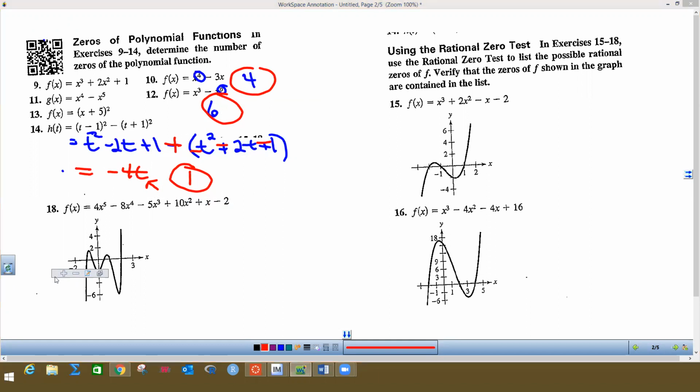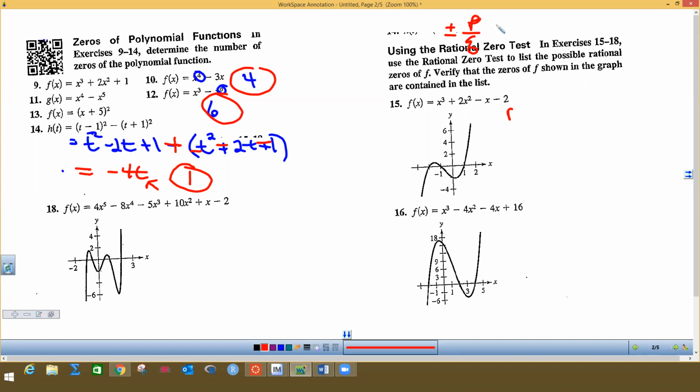Down here on this one, it says, in exercises 15 through 18, use the rational zero test to list all the possible zeros, then verify that zeros of f are shown. Now, if you looked in your book, this rational zero test says all of the positive and negative p over q's are going to be your possible rational zeros.